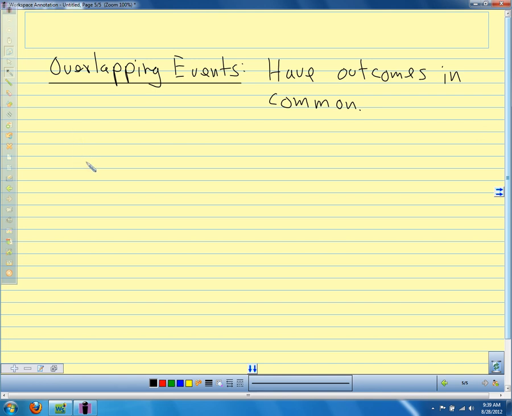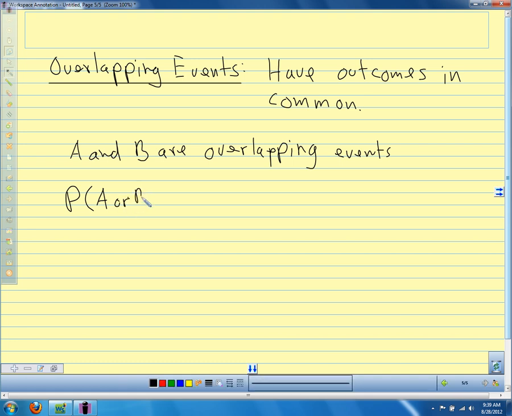To find our probability, if A and B are overlapping, the probability of A or B is the probability of A plus the probability of B, just like for mutually exclusive events, minus the probability of A and B. We subtract the probability of A and B to get rid of the events that are in common.